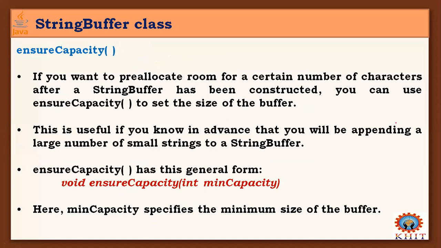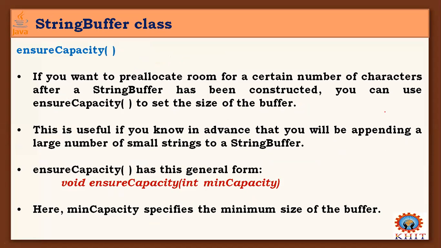ensureCapacity. Suppose you want to pre-allocate room for a certain number of characters after a StringBuffer has been constructed. Once the StringBuffer object is constructed, you can use ensureCapacity to set the size of that buffer, the pre-allocation rule, right?